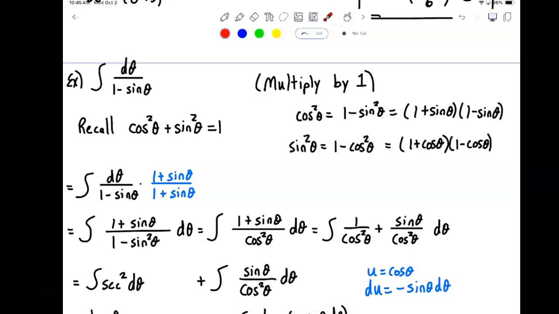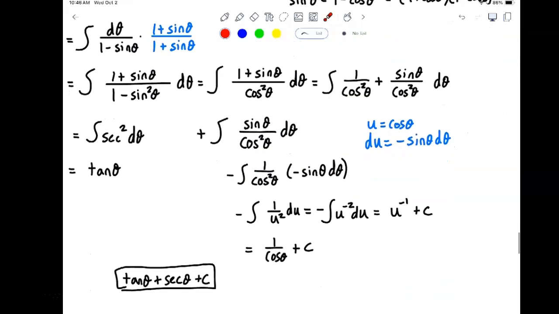I'd have just worked with the top and gotten through it that way. But since it's in the bottom here, I use this idea of multiplying by 1, and in this case, multiplying to make it a difference of squares, so I can eventually convert the bottom into a single term: cosine squared, which in this case pairs up nicely with the two pieces.